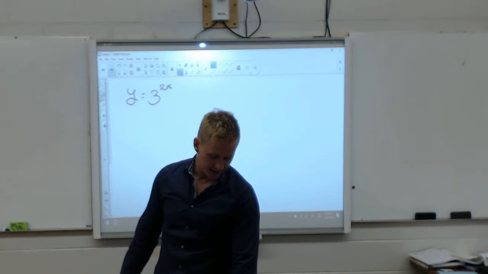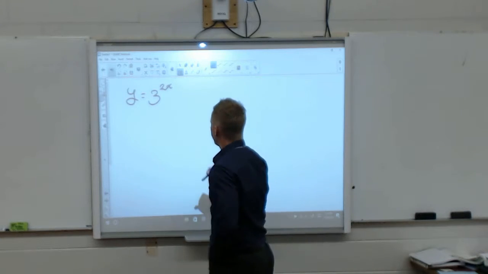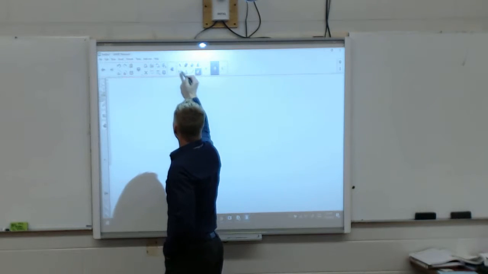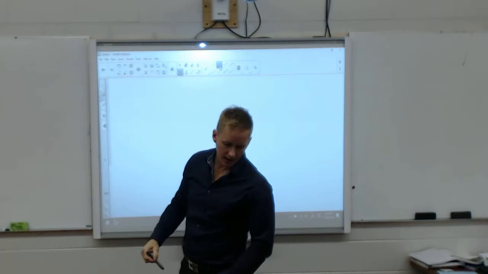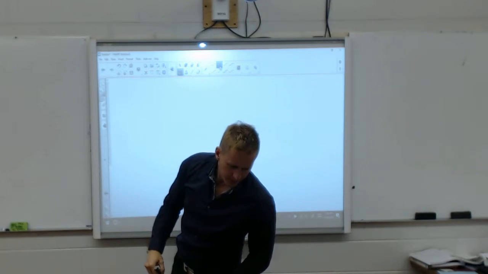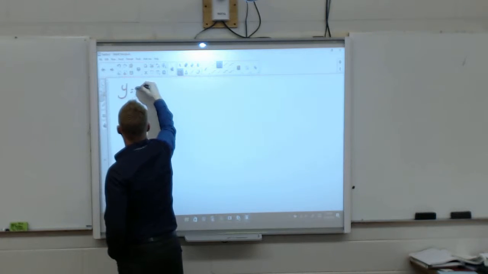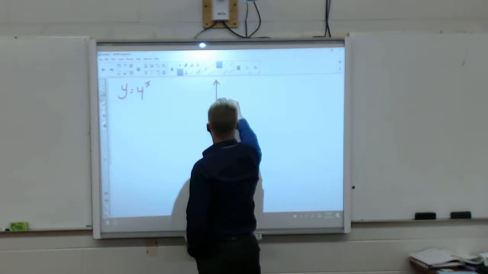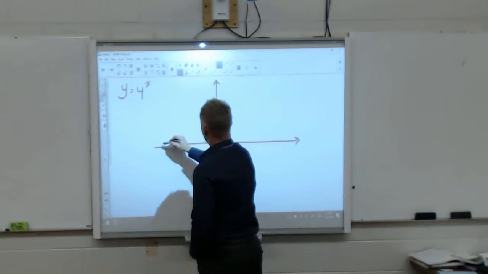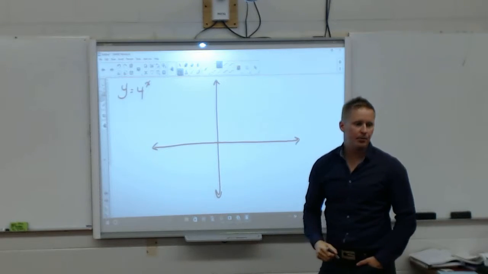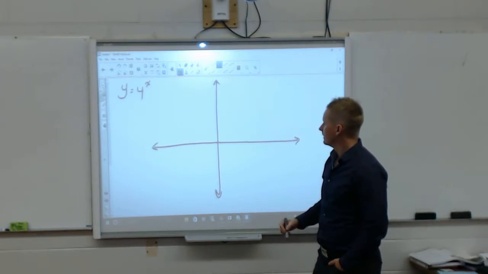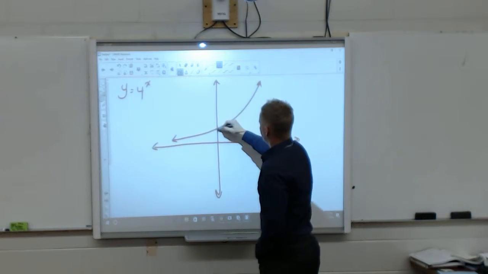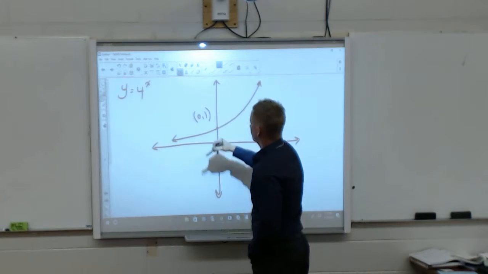All right, so let's take a look at another one here. So I have y is equal to 4 to the x as your original. So let's graph that right now. Okay, now I'm going to look at a couple key points. So, here and here. All right, so this again is still 0 and 1, right?